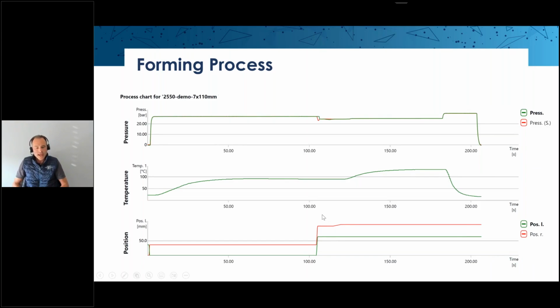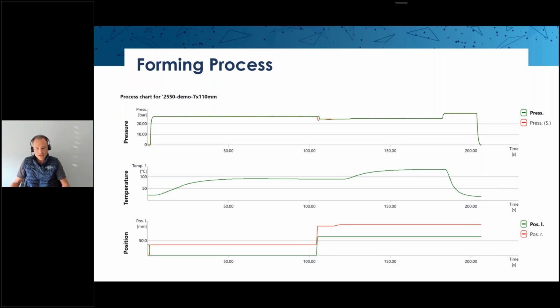We have here in the slide a diagram of the forming process of a BW-TEC equipment. First, we see pressure. The next in the chart is the temperature, and the third is the position. So we increase the pressure, then we increase the temperature and give the material time for the forming.